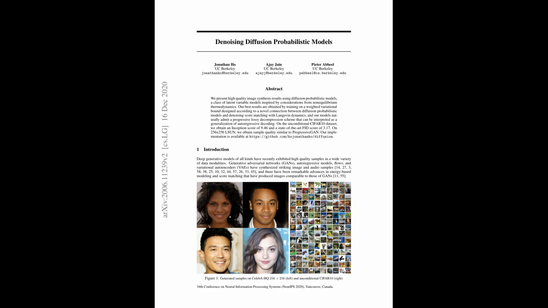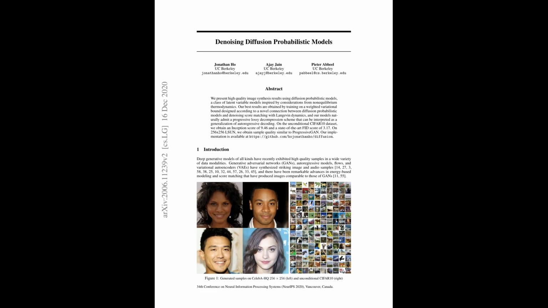Training proceeds via the standard variational lower bound on log likelihood, which decomposes neatly into a sum of Kullback-Leibler divergences, comparing the learned reverse transitions against the true forward posteriors conditioned on the original clean image. Because everything is Gaussian, these divergences have closed-form expressions, which means you avoid the high-variance Monte Carlo estimates that plague many latent variable models.